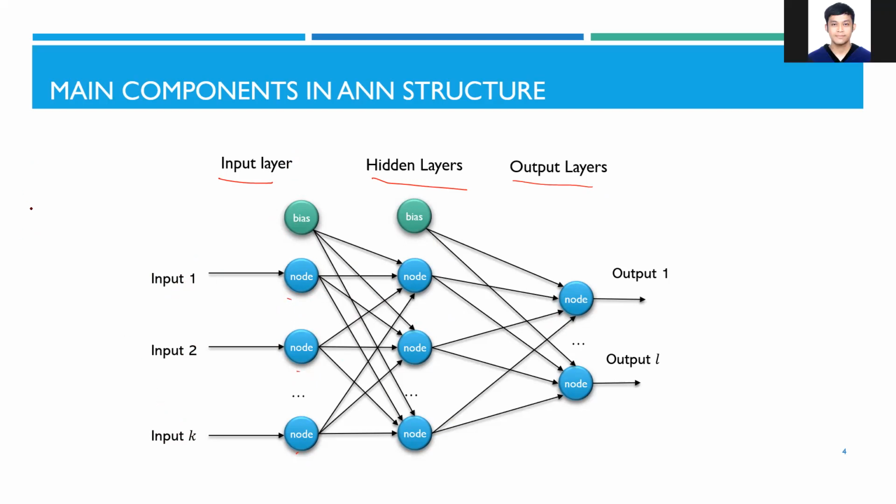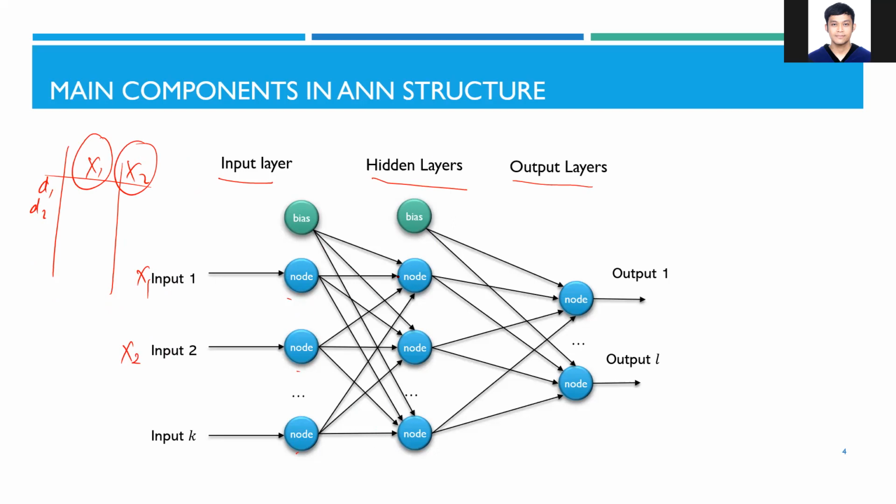For example, if we have data like this, with attributes x1, x2, and this is data 1, data 2, it means that the number of input dimensions is 2. So this is the input for x1, and this is the input for x2, for each data.